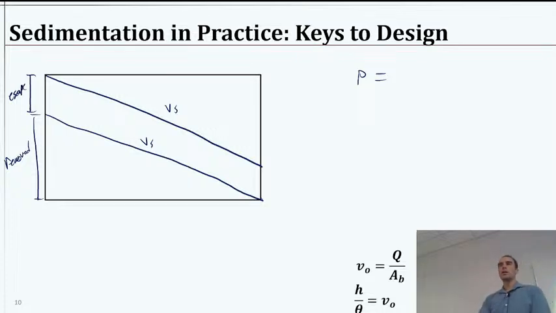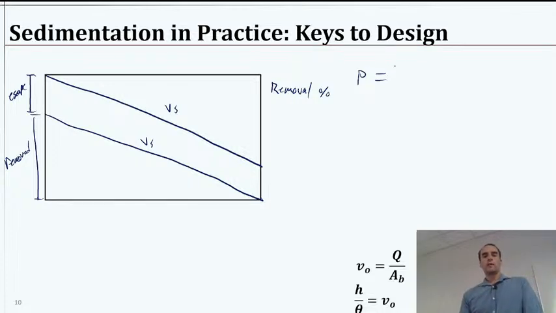So we can actually derive a percentage that are removed. So we'll say removal percentage. And that would be equal to some ratio between the Vs and the V naught. So if the Vs is slower than V naught, we're only going to have a portion of the particles removed.